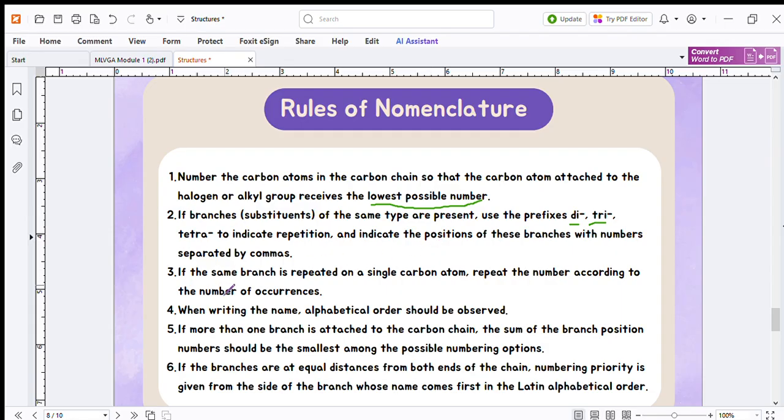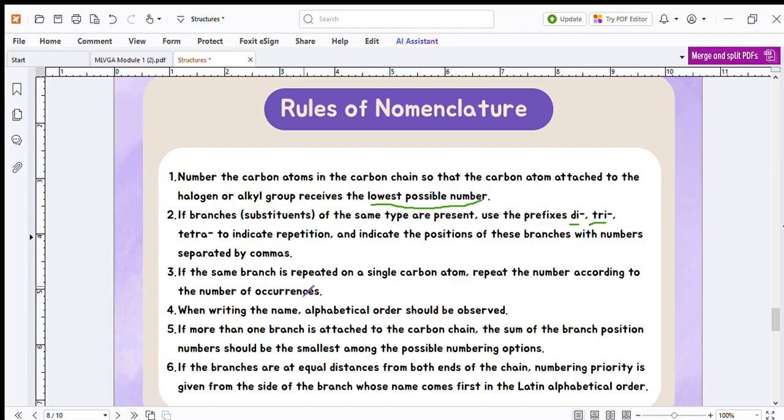Then we have, if the same branch is repeated on a single carbon atom, kagaya ng bromo or chloro, repeat the number according to the number of occurrences. So pag meron tayong same branch na na-repeat po siya sa isang single carbon atom, halimbawa, nag-number tayo ng carbons, carbon 1, carbon 2, carbon 3.